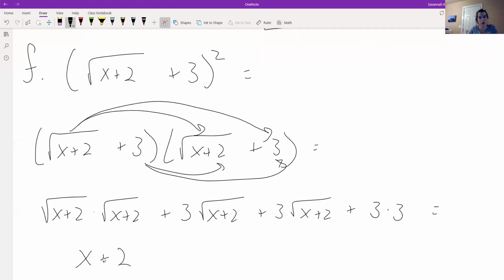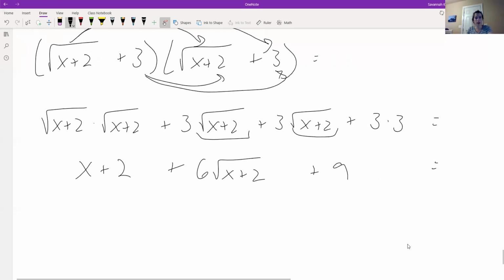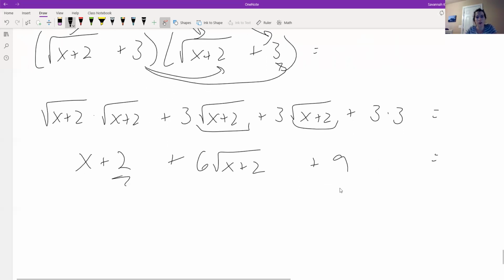That releases the inner quantity. I have like radicals that I can add together. And then towards the bitter end here, I've got a 2 and a 9 that are like terms. So in whatever order you feel right about it, I've got x plus 6 square root of x plus 2 plus 11.